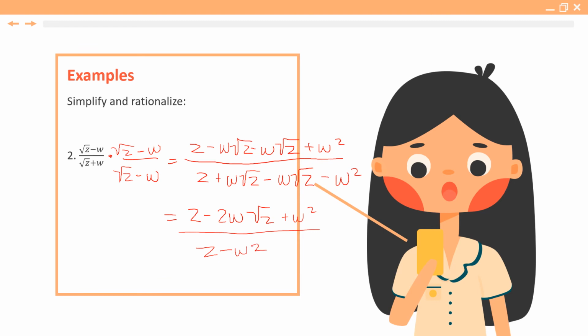So our final answer would be z minus 2w square root of z plus w, squared, all over z minus w squared.